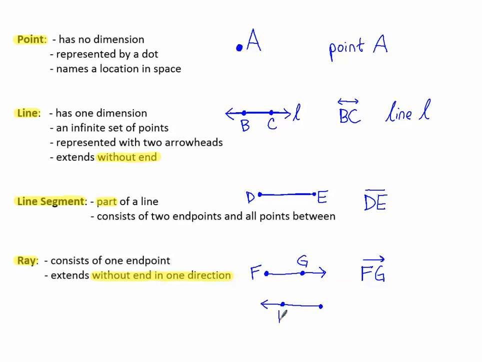If this is H and this is K, I still must start the name for the ray with the endpoint. Because the endpoint is K, I start the naming with K, then H. Notice the endpoint is how we start the naming of the ray.